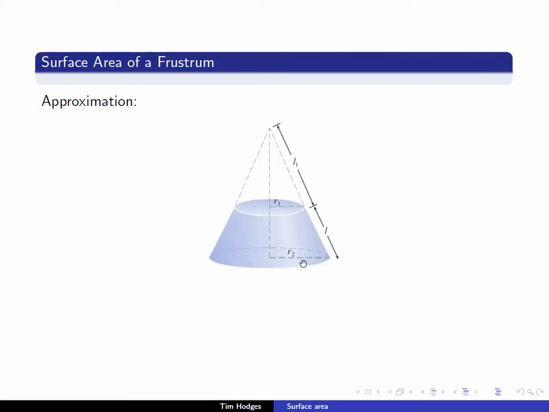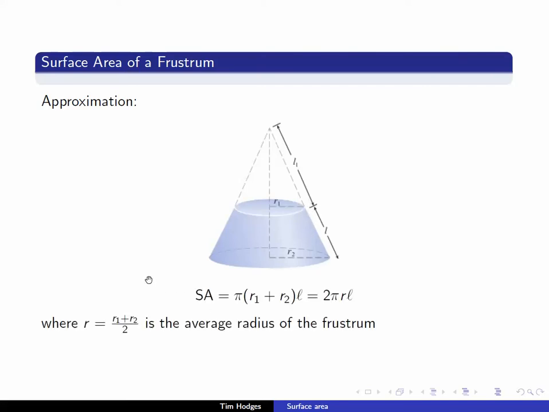If we have a cone that we truncate, and the base radius is R2, and the top radius is R1, and the slant height is L, then with a little high school level geometry, we can show that the surface area of this will be pi times R1 plus R2 times L.